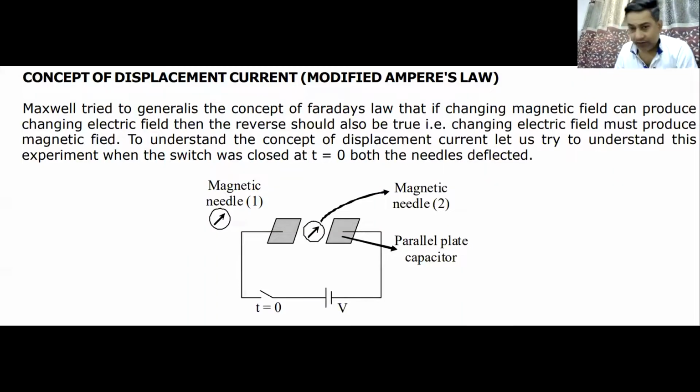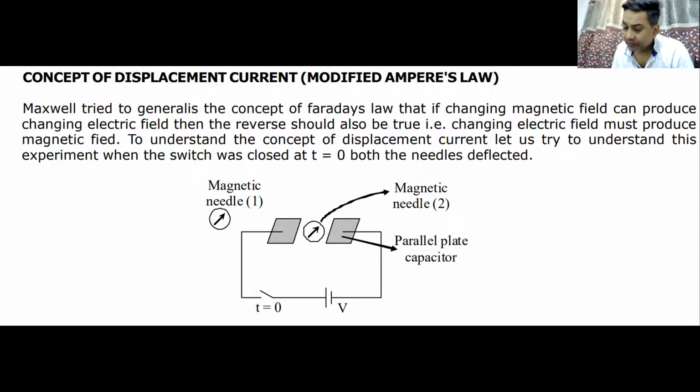Then we move ahead and we see what happens. Well, when Faraday gave that law that a changing magnetic field, when I say changing field, I mean a field that is varying with time, Maxwell tried to generalize Faraday's concept.